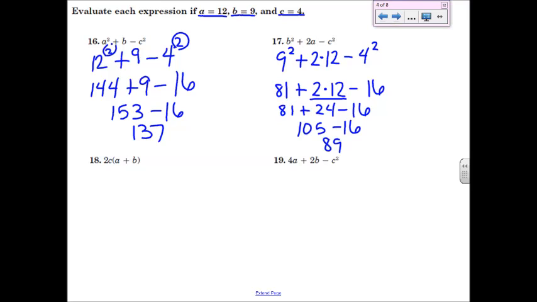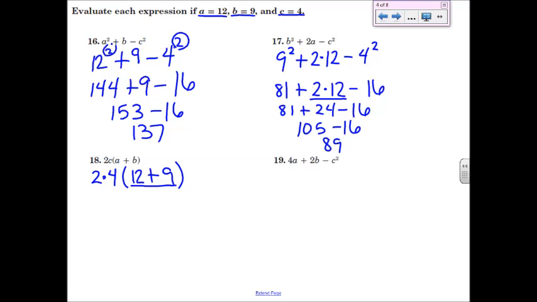Alright, in number 18 we have 2 times C, and then in parentheses, times A plus B. So that turns into 2 times C is 4, and then A is 12 plus B is 9. So please excuse my dear Aunt Sally. Parentheses come first.